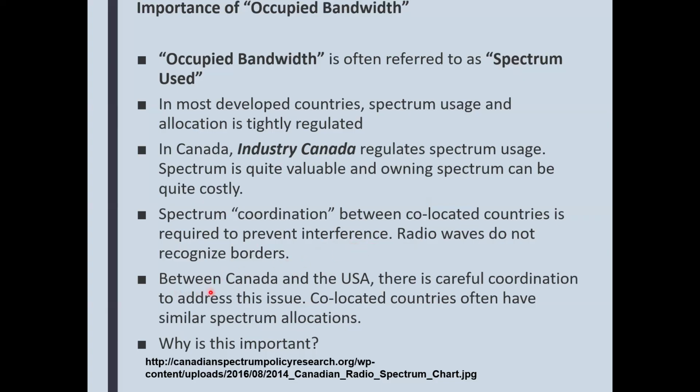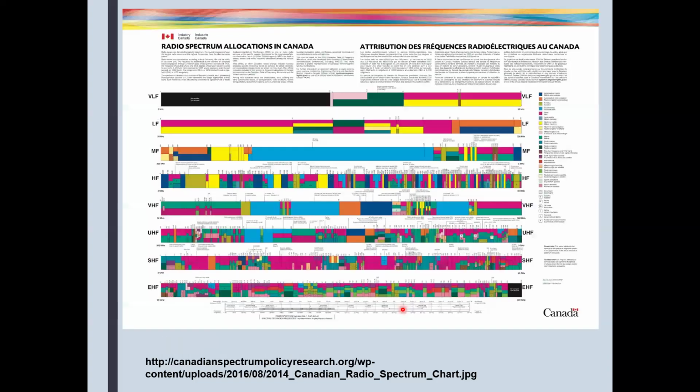Between Canada and USA, there's a careful coordination to address this issue. Collocated countries often have similar spectrum allocations, Europe, for example. Why is this important? Which is basically what I just talked about. So there's no interference in channels, and so everybody is happy.